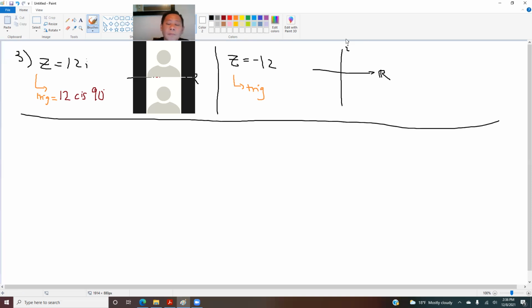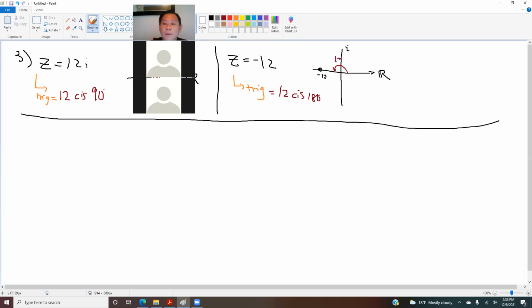Would it be 12 CIS 180? Okay, so in this case, your point is on the other side of the x-axis. So this is negative 12 by itself. So the trigonometric form of z in this case will be 12, because the distance is still 12, but your theta in this case will be 180 degrees.